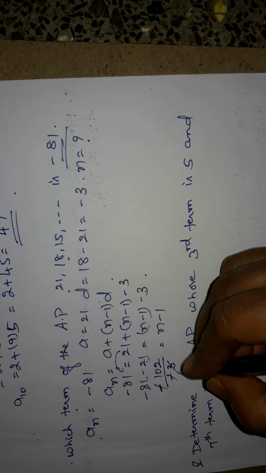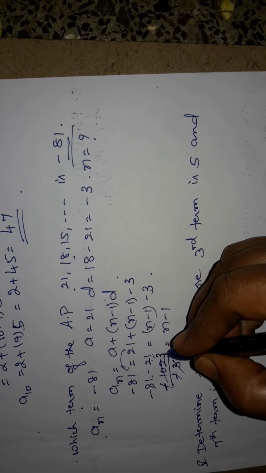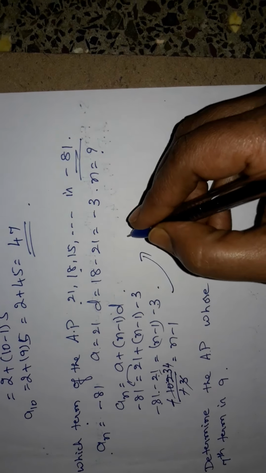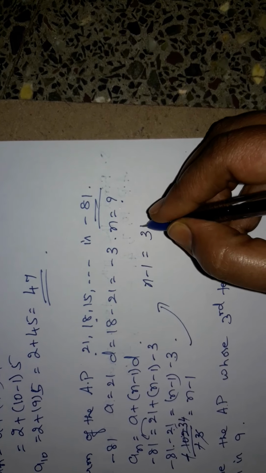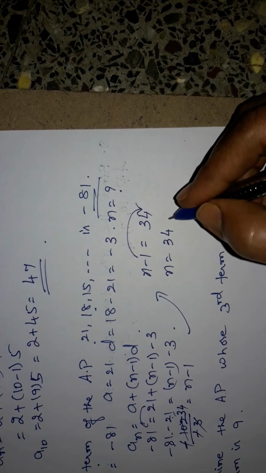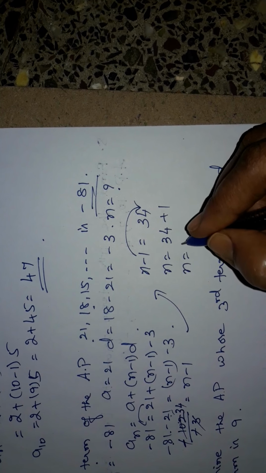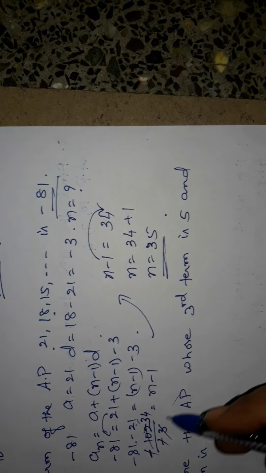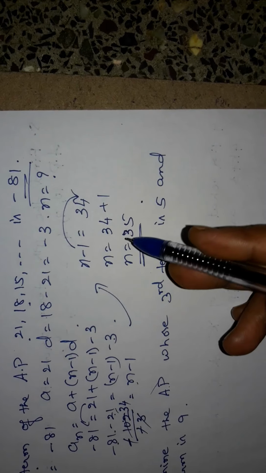Minus minus cancel. 3 ones are 3, 3 threes are 9 and 3 fours are 12. 34. That is n minus 1 equals 34. N equals 34 plus 1, transpose this side becomes plus 1. So n equals 35. Very easy. You have to carefully do addition and subtraction properly.